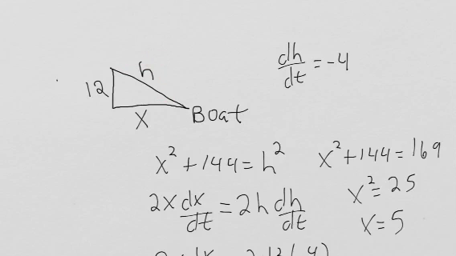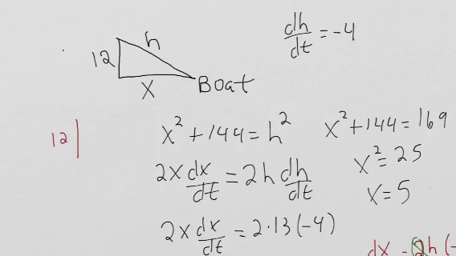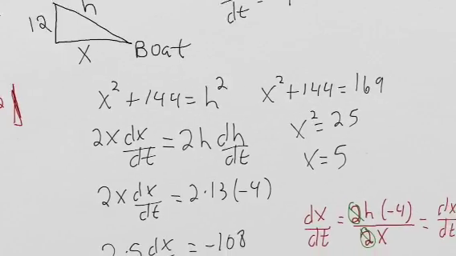If we draw the new triangle as the boat gets really close, we have our 12 feet right here. The winch is pulling the rope right there, and then there's the boat. If the boat is almost 0 feet away from the dock, then the rope is going to be almost the same length as this height. So basically, the rope is approaching 12.